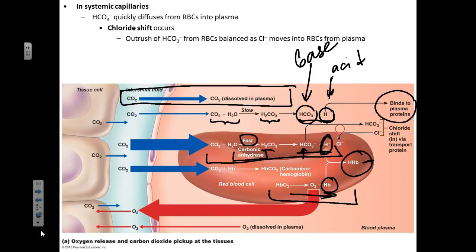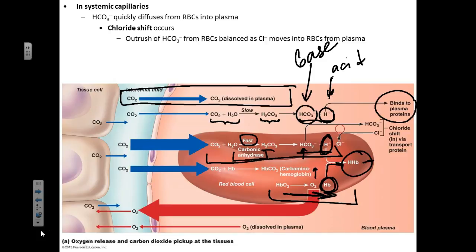Does that make sense? I want you to think about this. When you pull hemoglobin out of this reaction, that shifts the equilibrium to the right. So more oxygen is released from the hemoglobin.